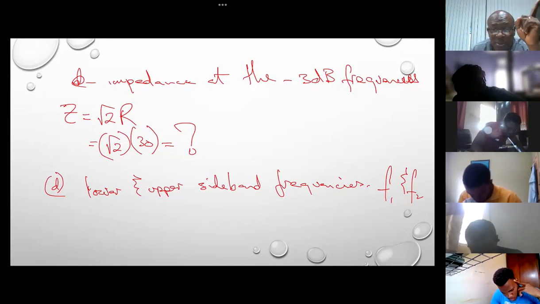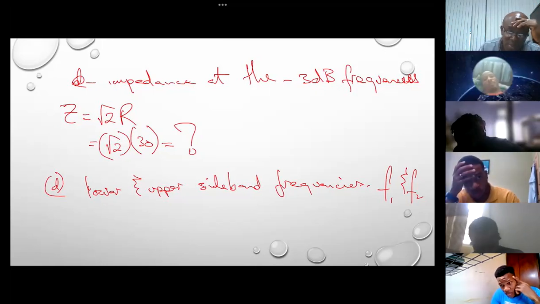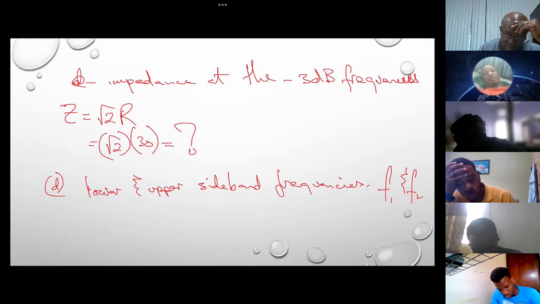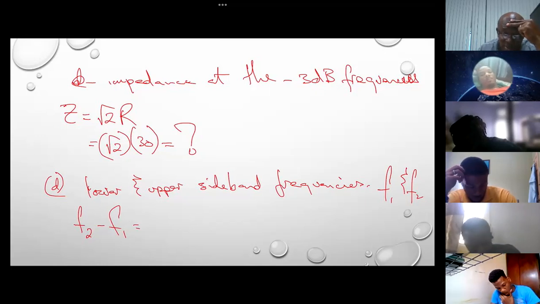What was the first one? Bandwidth, sir. Oh yeah, bandwidth, which says what? So, F2 minus F1, which equals bandwidth, and equals what? Equal F2 minus F1, sir. Which is equal to? FR over Q. Good.